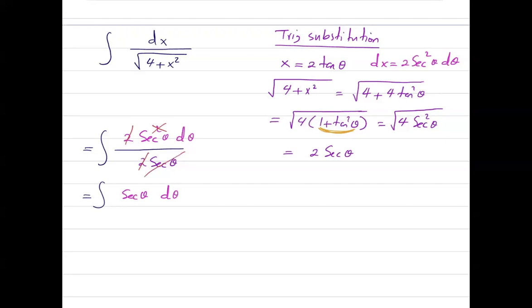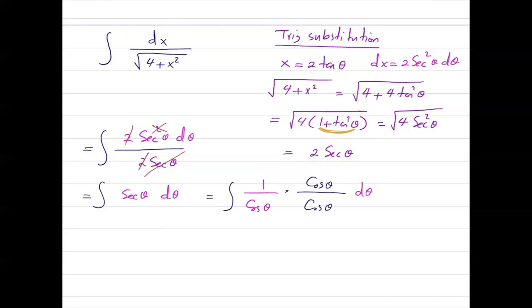How do we calculate the integral of secant theta? Secant, as you remember, is 1 over cosine theta. I'm going to use a trick. I'm going to multiply by cosine and divide by cosine. This is basic algebra. Let us multiply the numerator by cosine and the denominator by cosine as well.